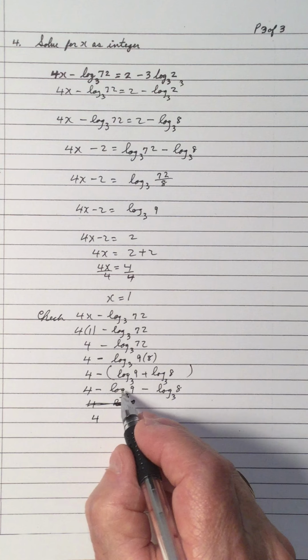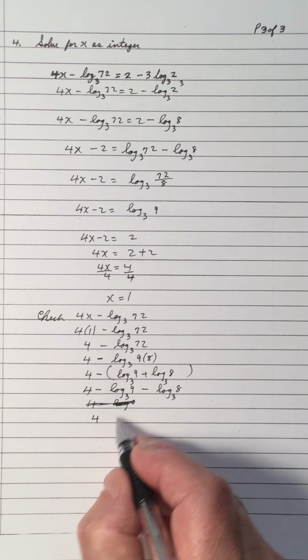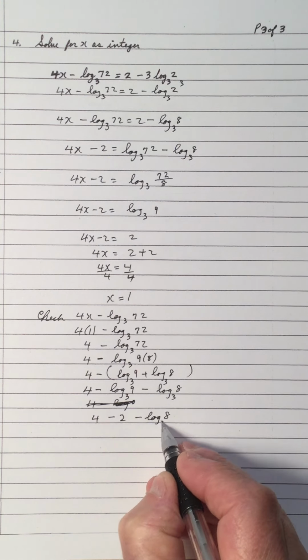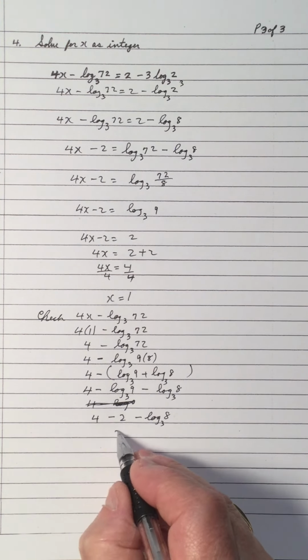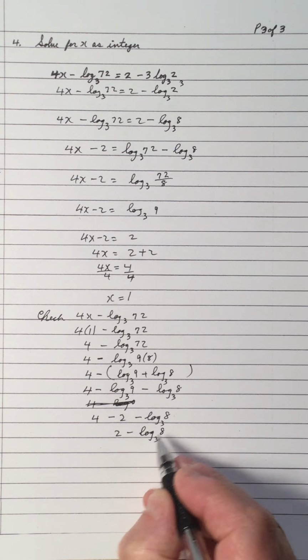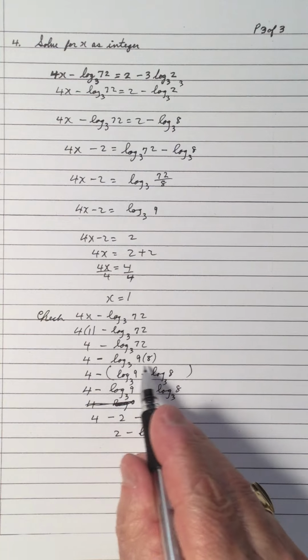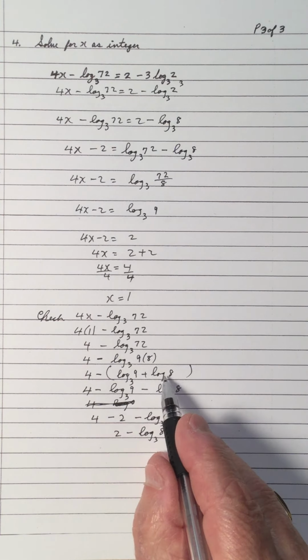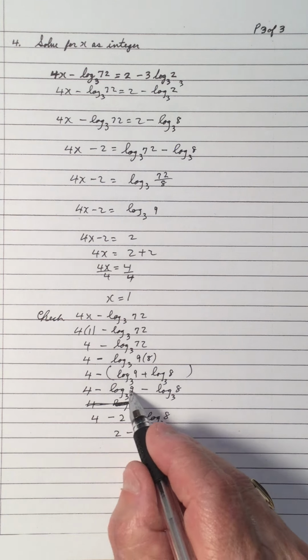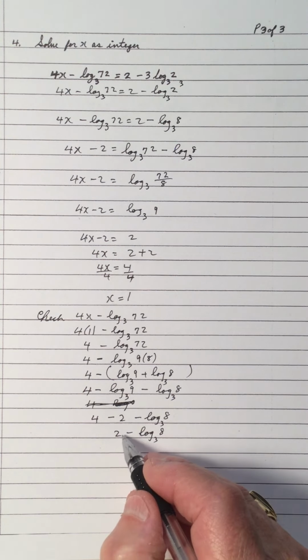So the log of 9 base 3, 3 to the what power gives you 9, so that's a 2 minus log 8 base 3. 4 minus 2 is 2 minus log 8 base 3. So it's by breaking this up into 9 times 8, and you have a base of 3 here. This is where the 2 comes from. 4 subtract 2 is 2.